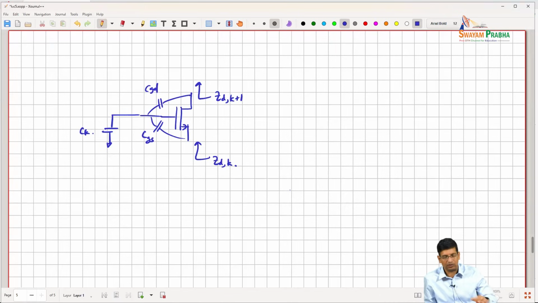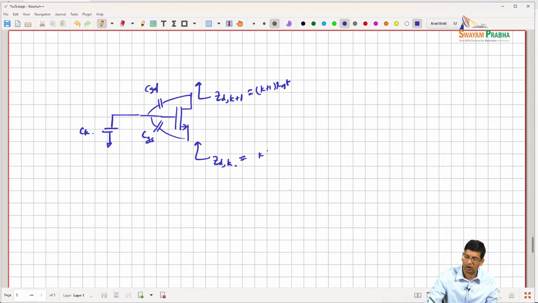The papers sort of derive what is the impedance that you see. So the assumption is that, okay, I'm going to get Z D K plus 1 to be K plus 1 R opt, right? So I want the optimal here to be K R opt, right?